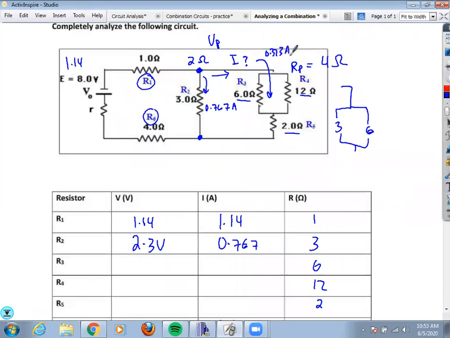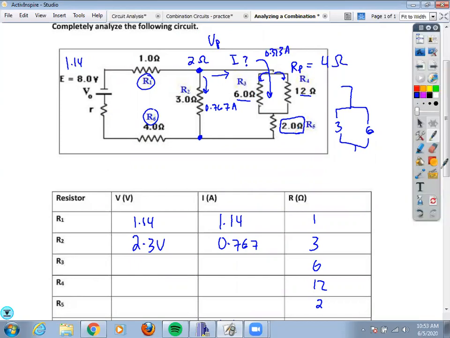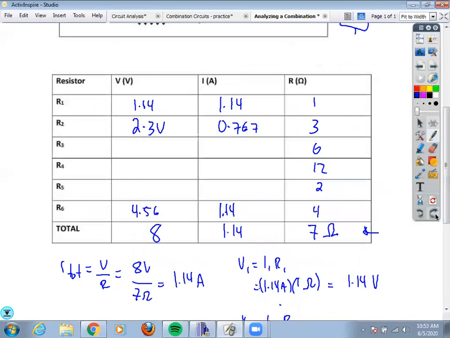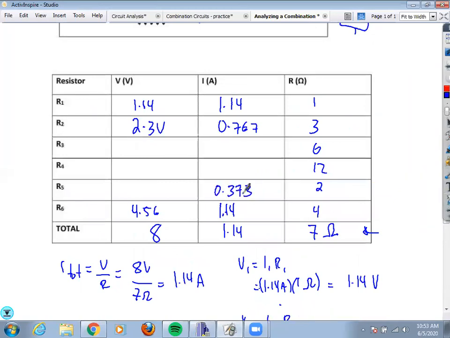So we know now that on the right side, 0.373 amps goes through. Now we know it's going to be divided again between the 6 and 12, okay? But we do know that the total current going through R5 would be 0.373 amps. And of course now we can find V5 using Ohm's law.